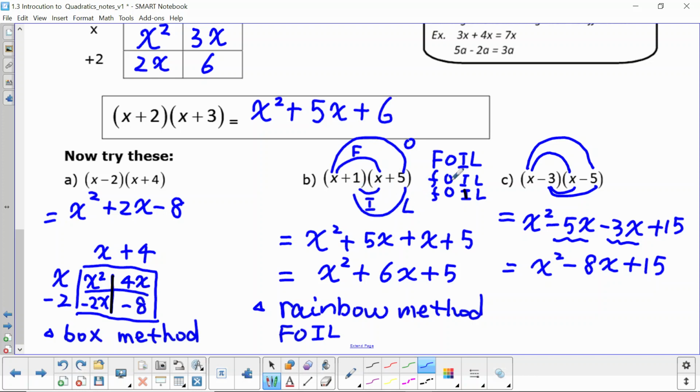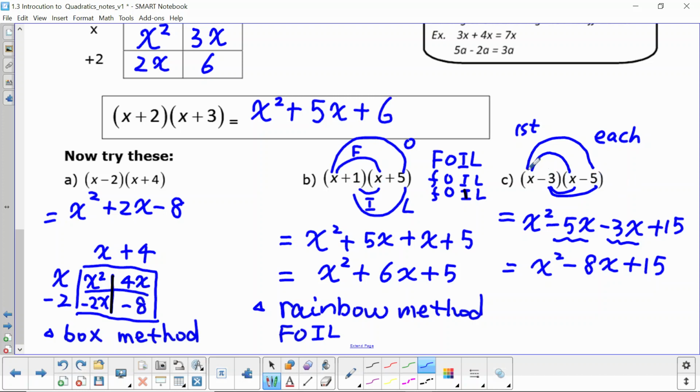But this FOIL only works for two terms times two terms. And if you remember first term times each term in the second bracket, then second term times each term in the second bracket, this method could be used for more than two terms.